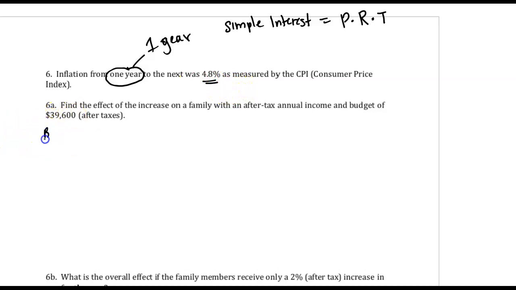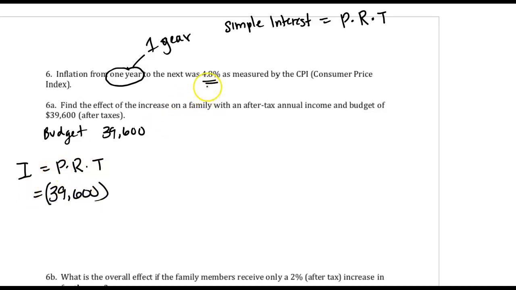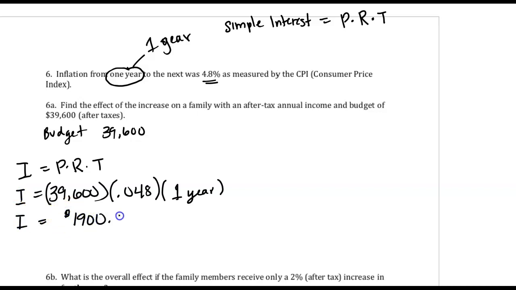So we have a budget of $39,600, and we're going to see what that would be worth with that 4.8% inflation increase. Our P in this case is the entire budget, $39,600. The rate is 4.8%, written as a decimal, 0.048, and the time is just 1 year. This gives us an interest amount of $1,900.80.